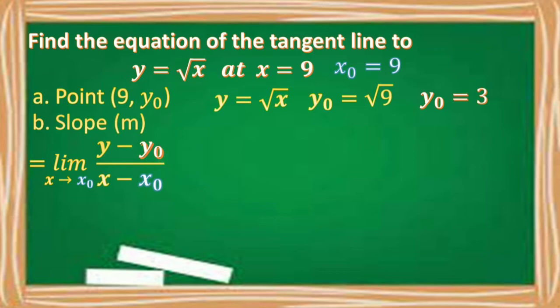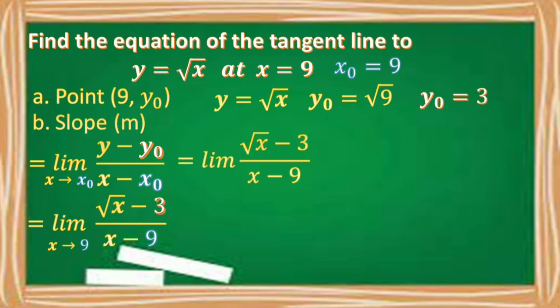Substituting the square root of x in y, 3 in y sub 0, and 9 in x sub 0, we have the limit of the square root of x minus 3 over x minus 9 as x approaches 9. Multiplying both numerator and denominator by the square root of x plus 3 to eliminate the radical in the numerator.